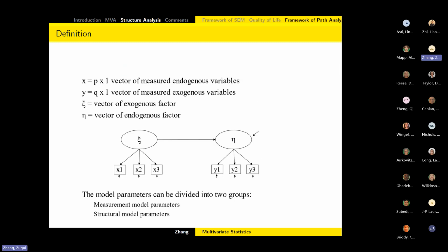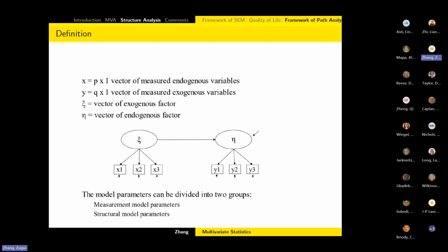So here, as we can see, we have Y, like before, as the outcome or dependent variable, and we have X as the independent variable. In multivariate statistical analysis, we use X as a p times 1 vector of measured exogenous variables, which means the independent variables.